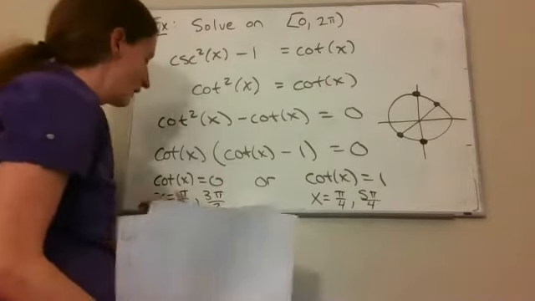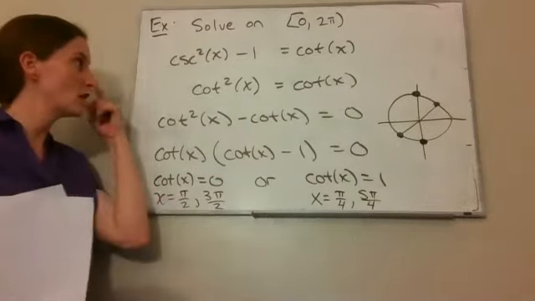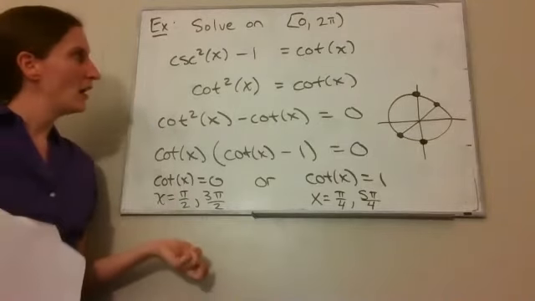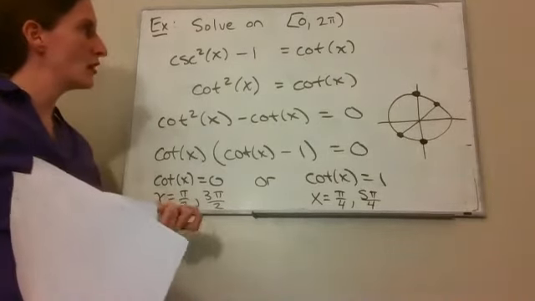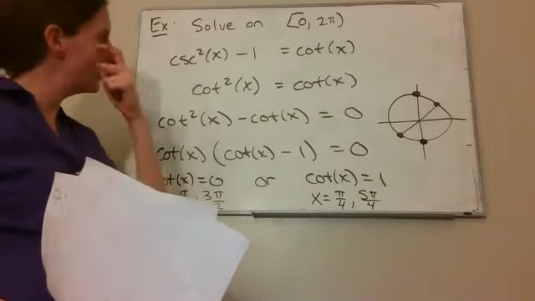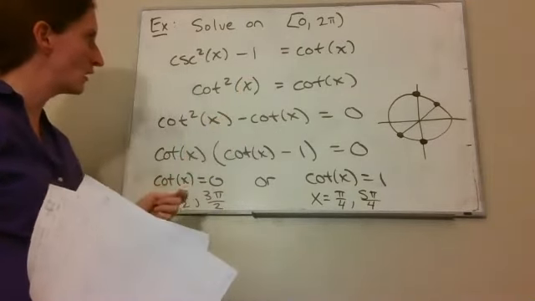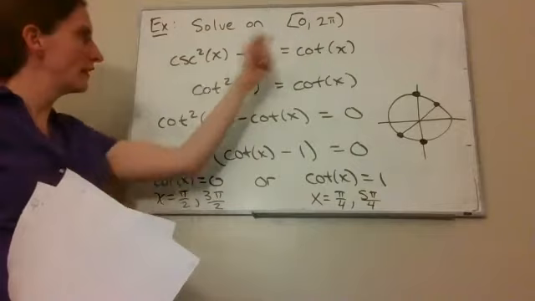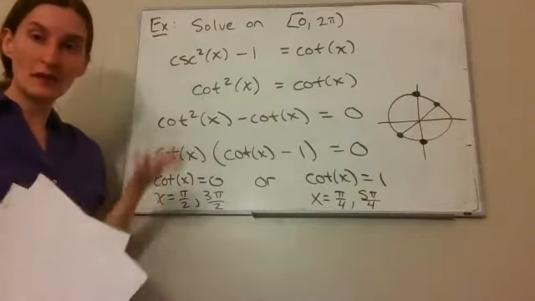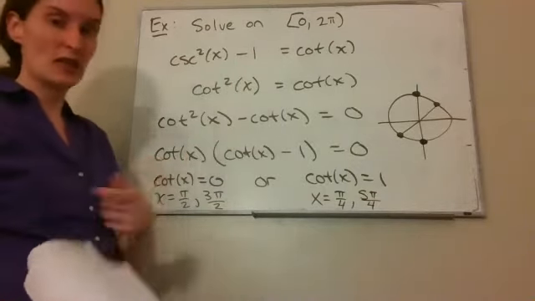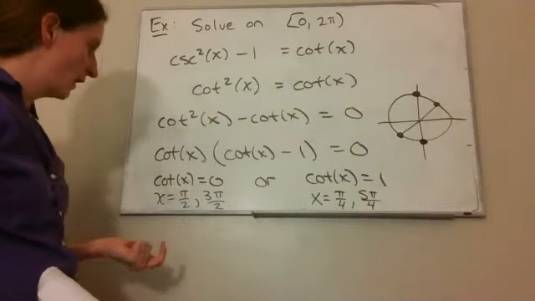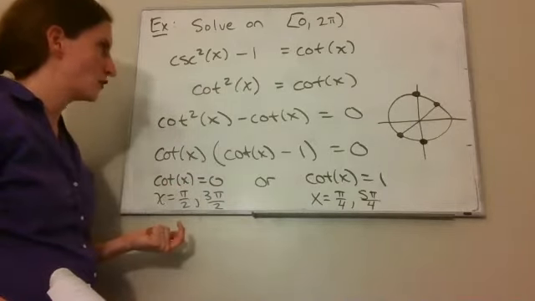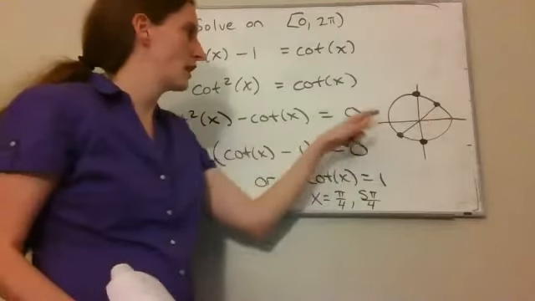Now let's double check. If I plug any of these values into the original, are we okay? I would be dividing by 0 if my sine is equal to 0 for both this cosecant and for the cotangent, because cosecant's 1 over sine, cotangent's cosine over sine. And my sine is equal to 0 at 0 and at pi.